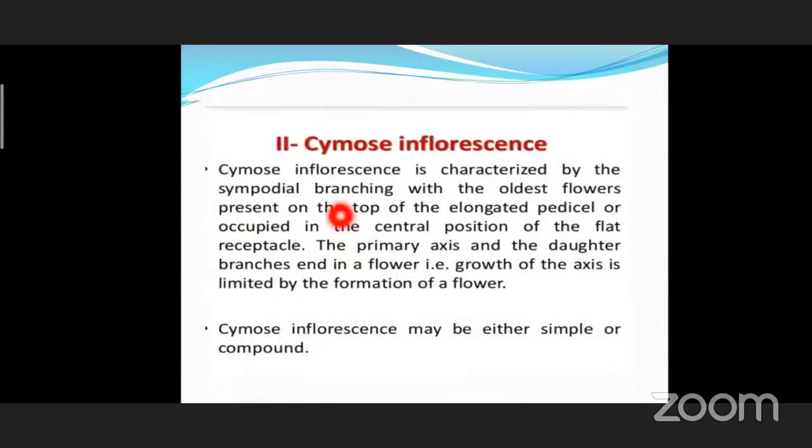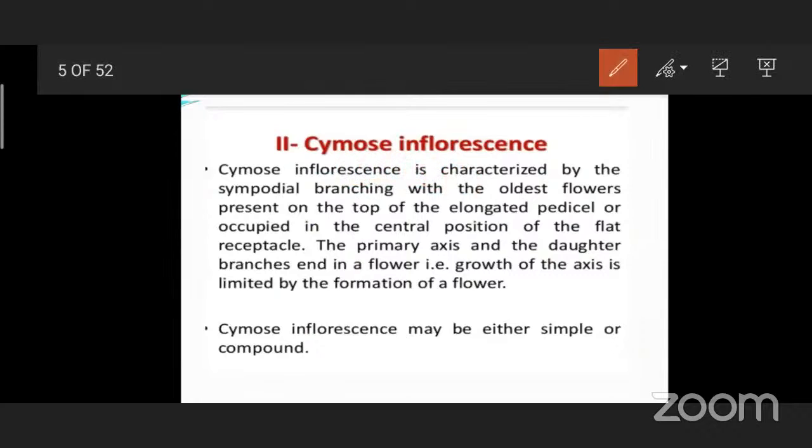Right now, today's topic is the continuation of inflorescence, that is the second part, cymose inflorescence. Do you know cymose inflorescence? In cymose type of inflorescence, the main axis terminates into a flower, hence shows a limited growth.